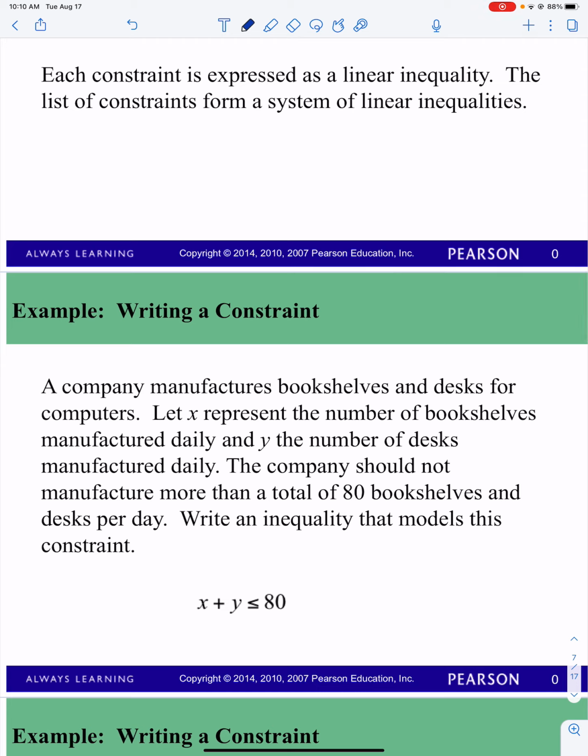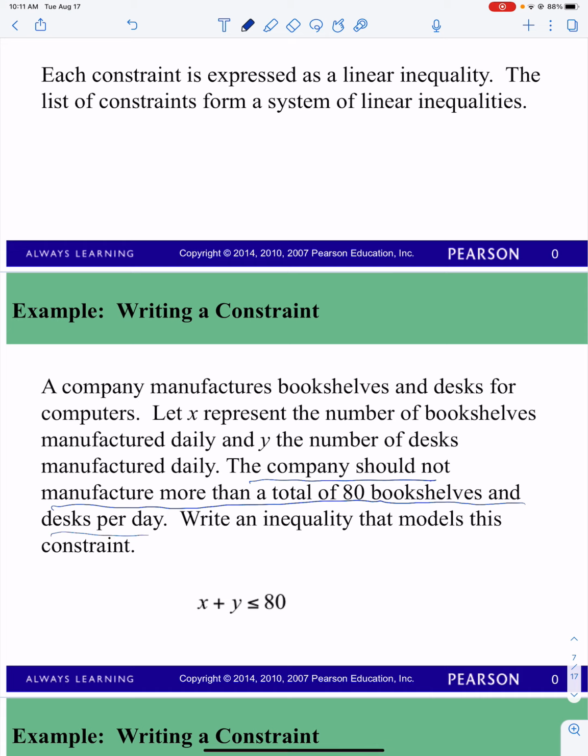Based on the demands in the real world, and maybe the information from the sales, the company should not manufacture more than a total of 80 bookshelves and desks per day.